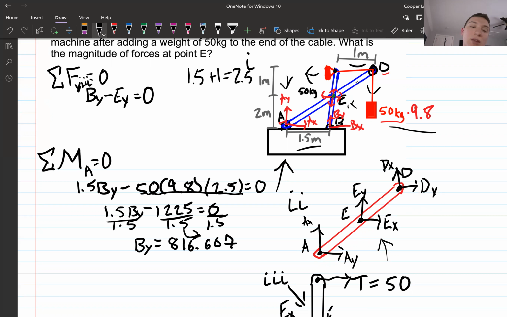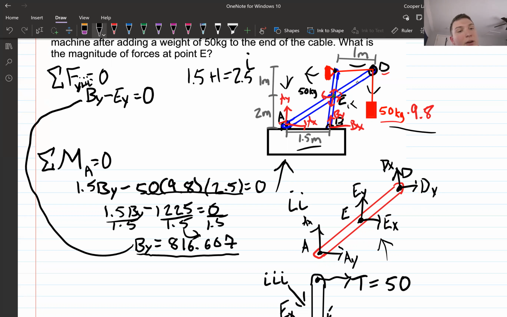816.667. I can now take this B sub y value and plug it into my original equation up here. So that tells me I get 816.667. Sorry, that was supposed to be a 6, but it just doesn't look right. 667 minus E sub y equals 0.